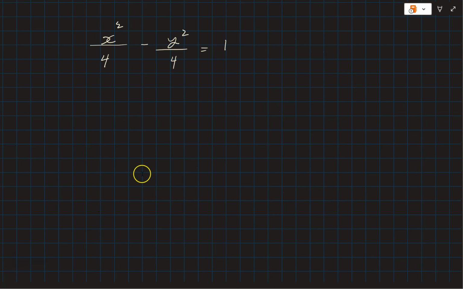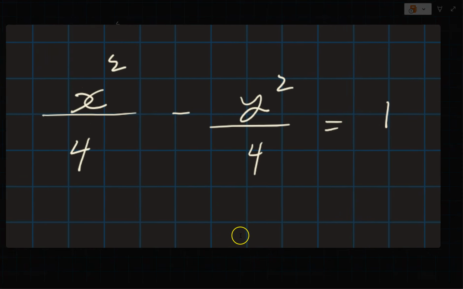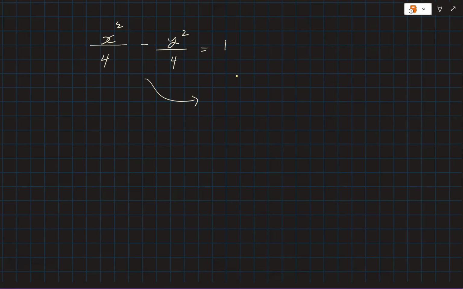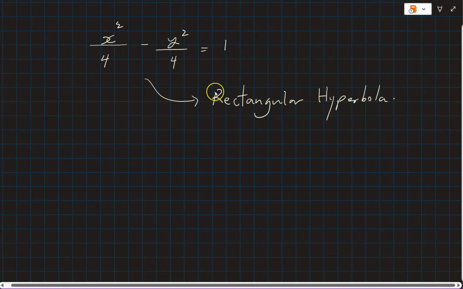Now if you have a hyperbola where a and b, the values under x and under y, are the same, then this hyperbola will be called a rectangular hyperbola. So it's actually square. It looks like a square on the inside.